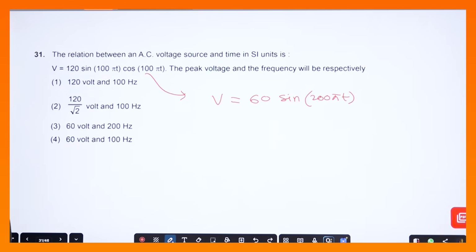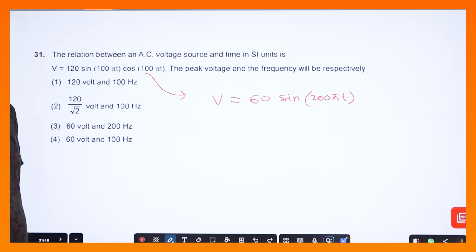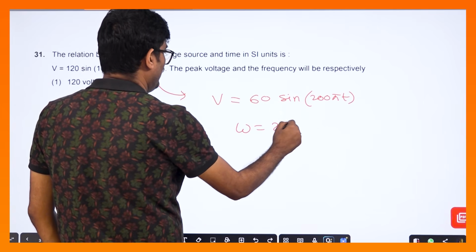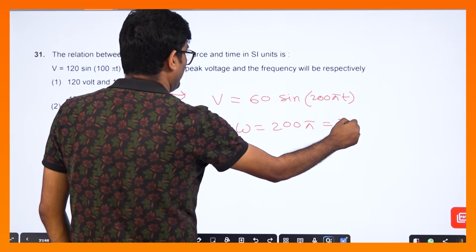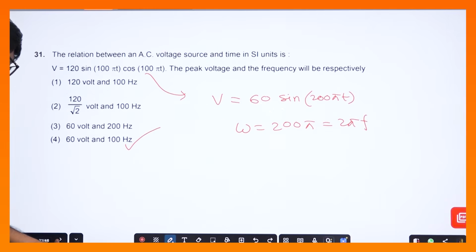Peak voltage means maximum voltage, which is 60 volt. And what is the frequency? Omega is 200 pi, and omega is equal to 2 pi f, right? So frequency is 100. Option 4 is the correct choice for this question.